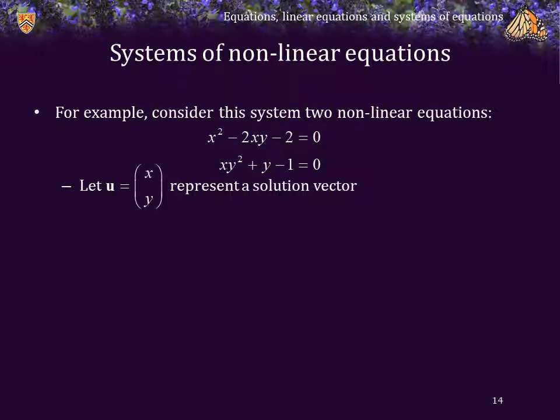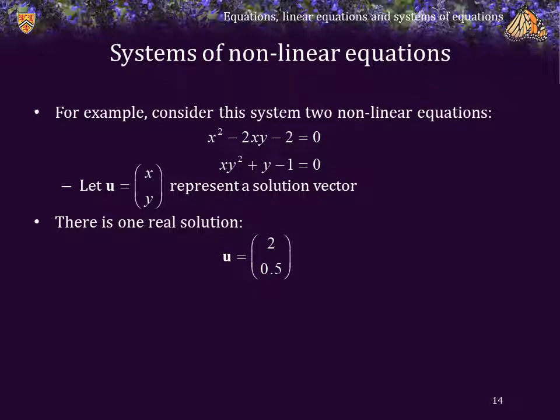Now, let the vector u represent a solution vector, where the first entry is the value of x and the second entry is the value of y. In this case, there is a single real solution, and that is u equal to 2, 0.5.